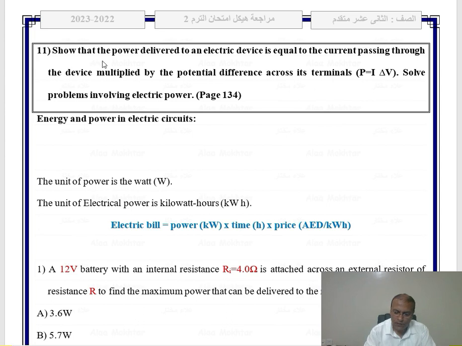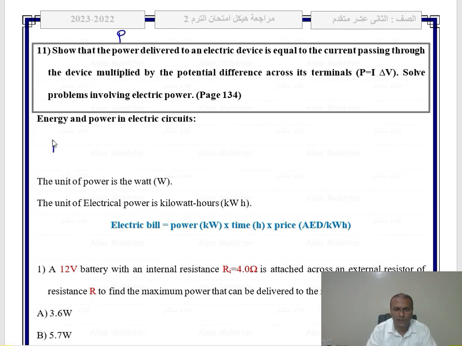Number 11. Show that the power P delivered to an electric device is equal to the current passing through the device multiplied by the potential difference across its terminals, P = I ΔV.